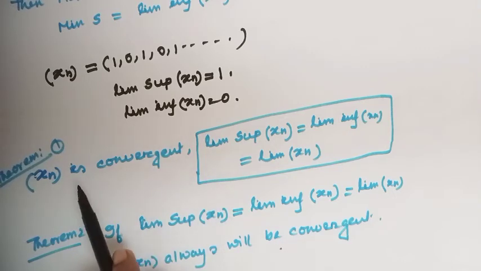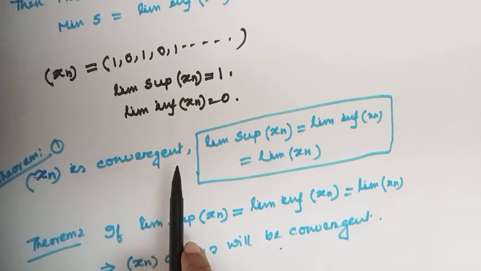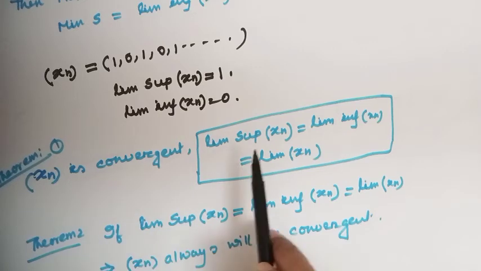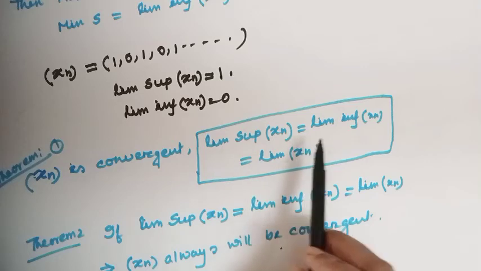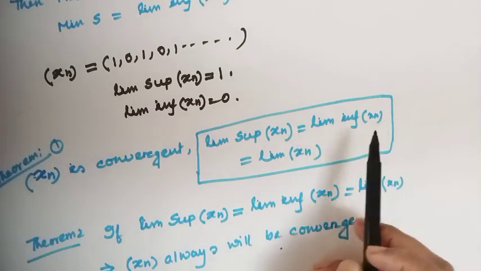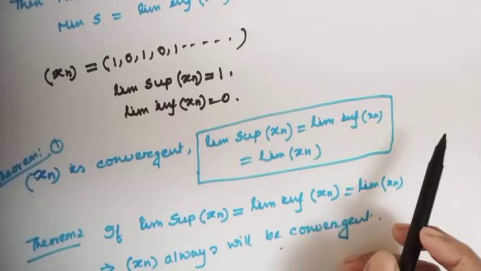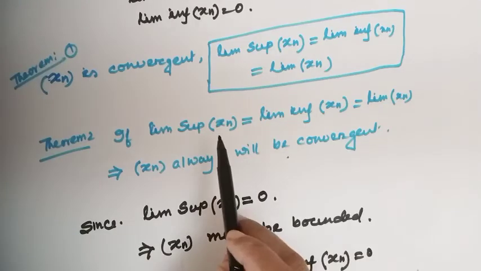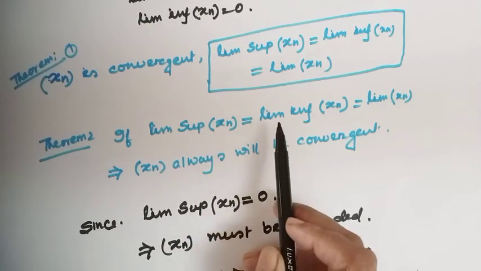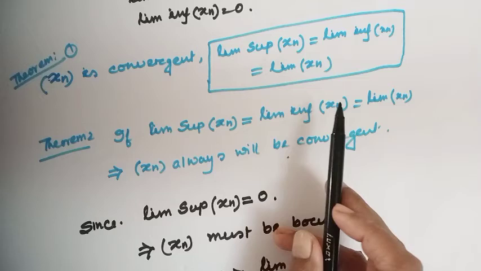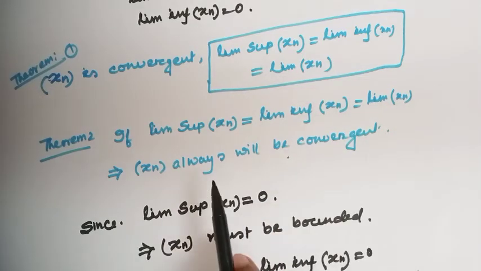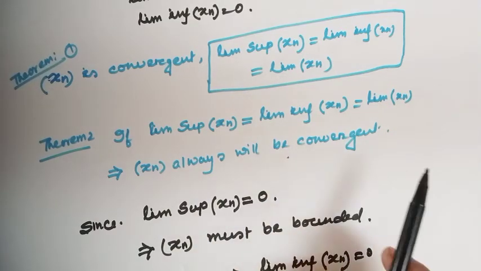Theorem 1: if a sequence xn is convergent, then limit superior of the sequence and limit inferior of the sequence are always equal. And theorem 2: if limit superior of xn and limit inferior of xn are equal, then the sequence xn will always be convergent.